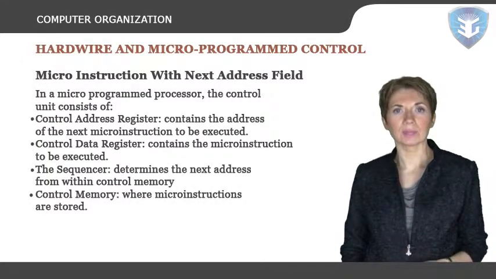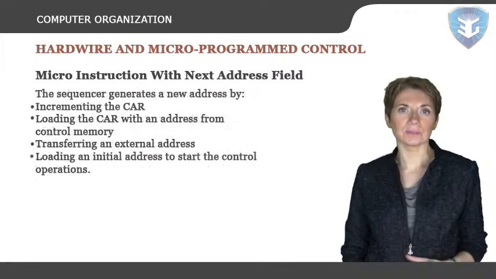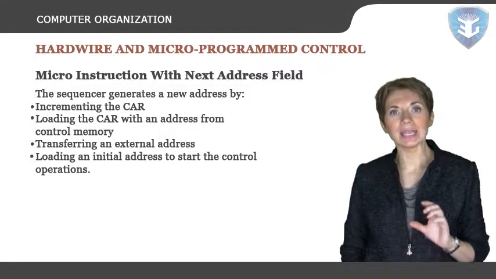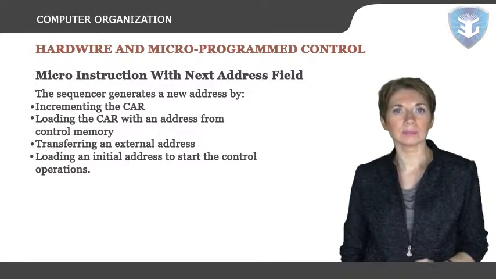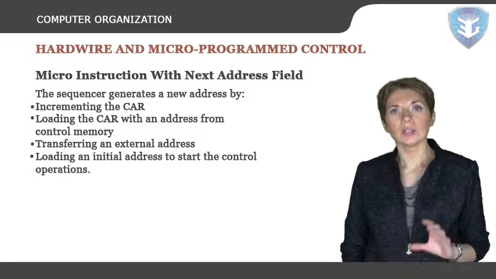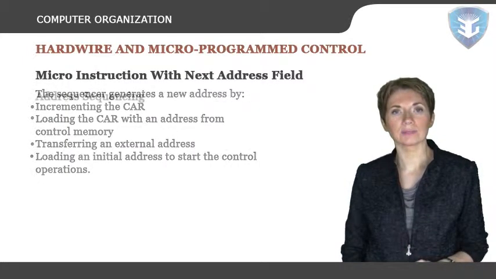Control memory, where microinstructions are stored. Sequencer. The sequencer generates a new address by incrementing the CAR, loading the CAR with an address from control memory, transferring an external address, or loading an initial address to start the control operations.